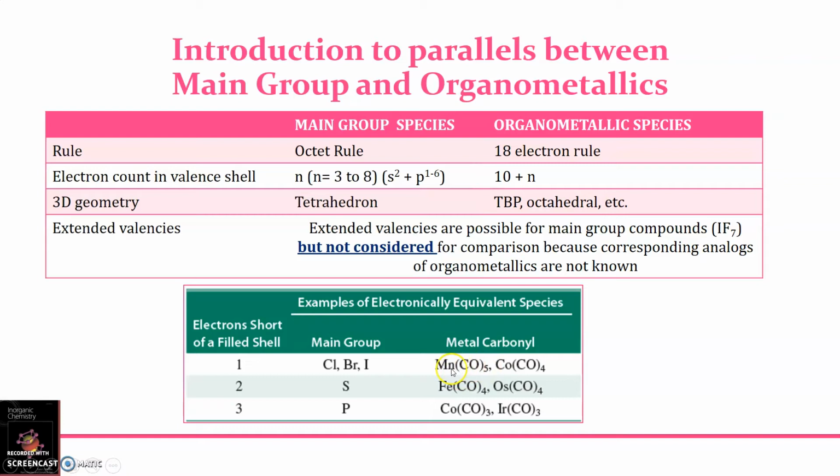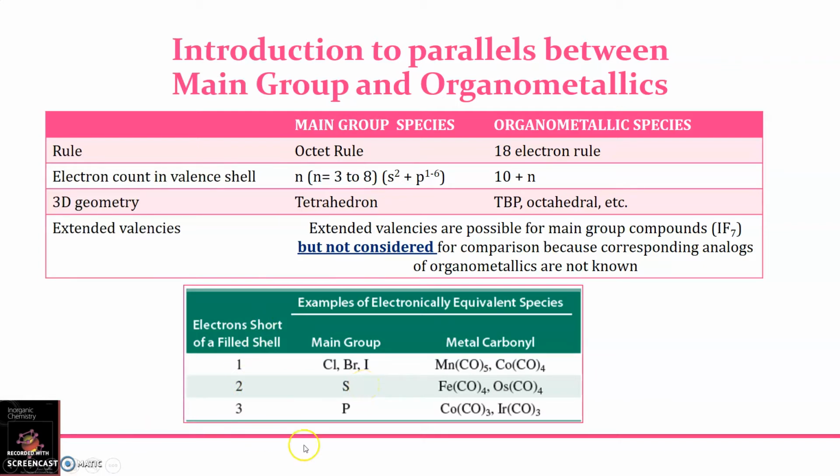There are 5 carbonyls, so 10 electrons. So for manganese, 7 electrons, so 17. Similarly, for the 4 carbonyl groups here, so 8 electrons, but for cobalt 9 electrons, so this amounts to 17 electrons.